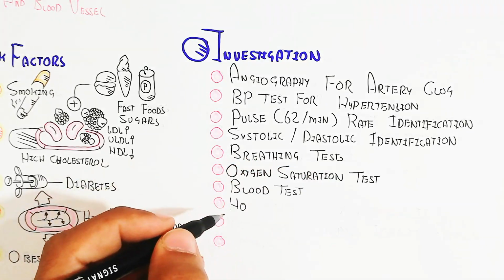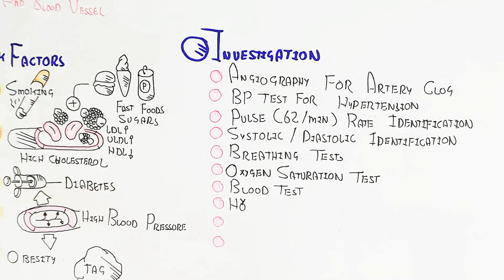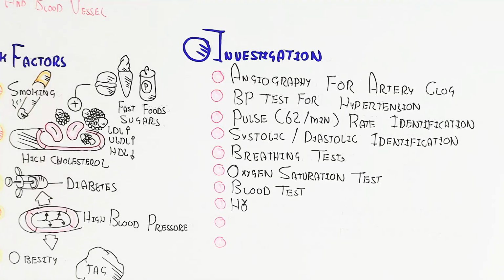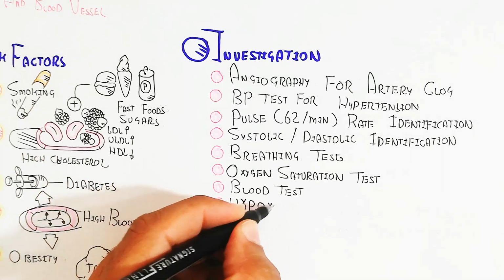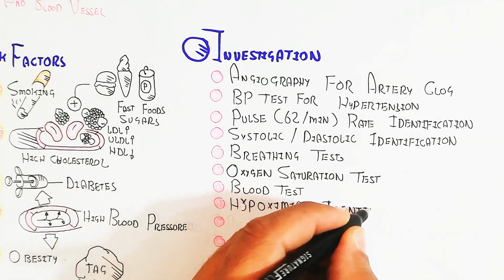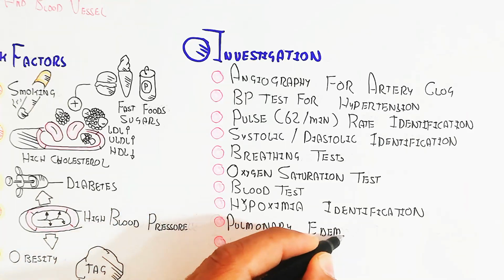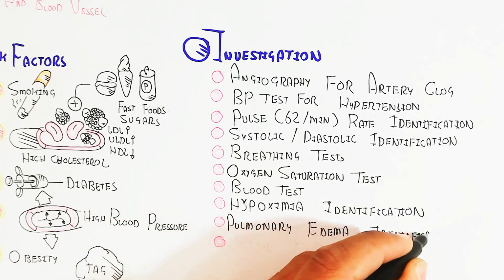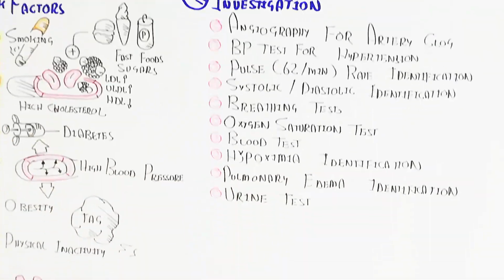Why? Because the urine test identifies the constitution of the urine as well as the sodium. On the other hand, salt identification, whether salt can be removed or not. Hypoxia identification, pulmonary edema identification, and the urine test.